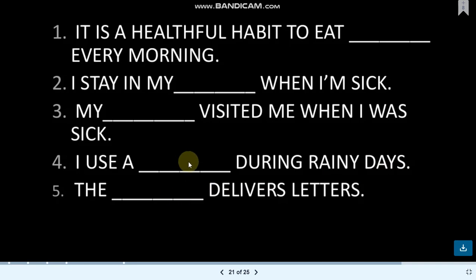What do I use during rainy days? Raincoat. Very good. I use a raincoat during rainy days. Now what about number five? The blank delivers letters. The mailman delivers letters. Very good, kids.